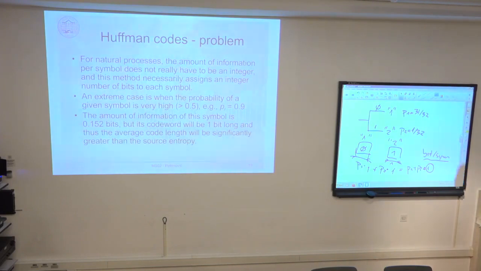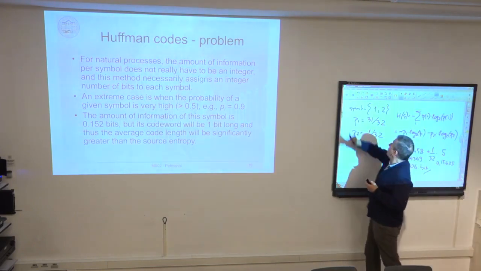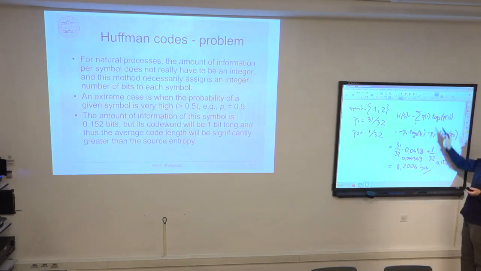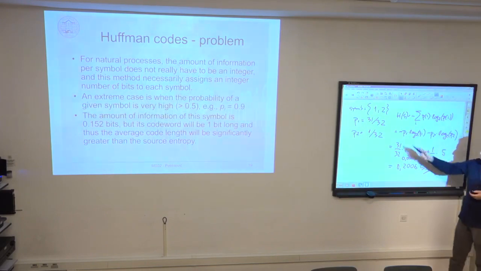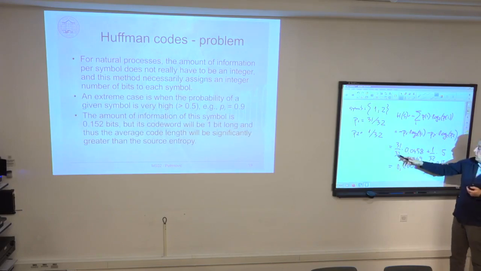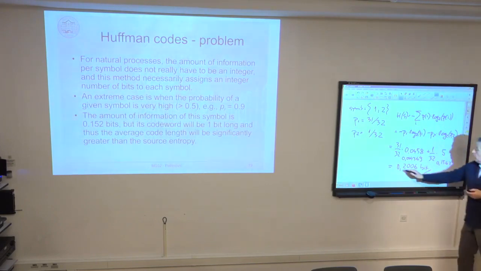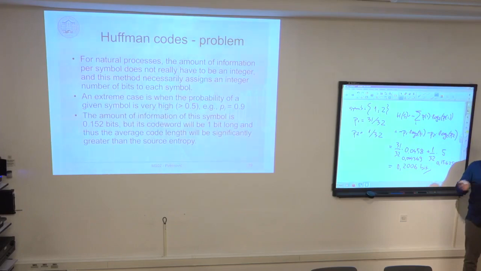If I compute the entropy according to the definition, as a negative sum of probability times logarithm base 2 of probability, and substitute the actual probabilities, 31 over 32 times the logarithm base 2 of the first probability, and 1 over 32 times 5, because it is 2 to the power minus 5, I get an entropy of only 0.2 bits per symbol.